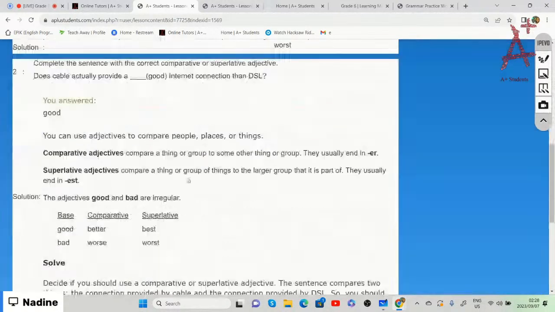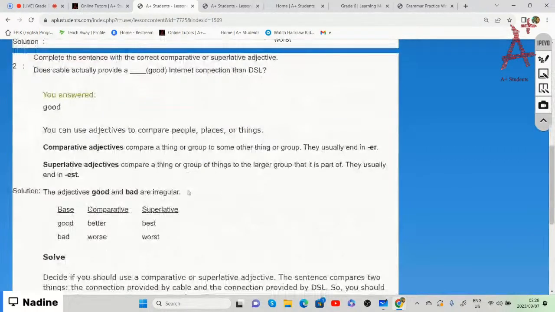Does cable actually provide a good internet connection than DSL? So if we are comparing cable to DSL, that is a comparative adjective, right?